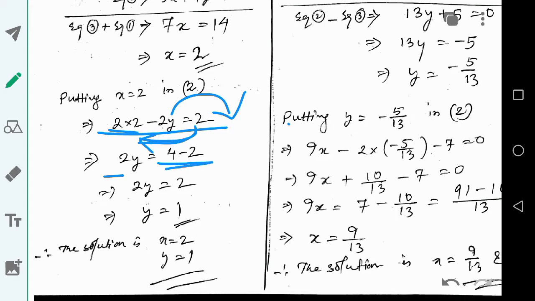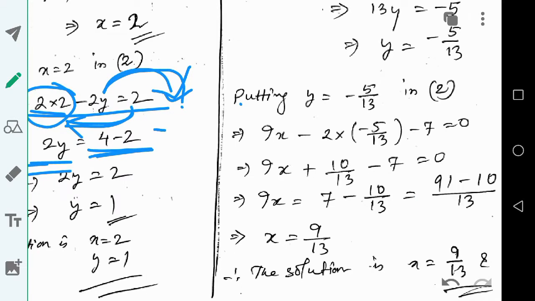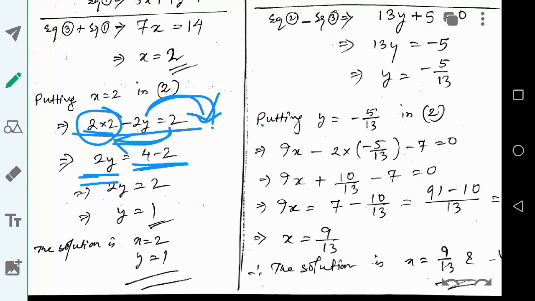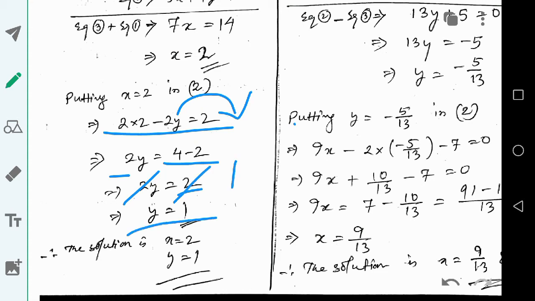We were supposed to get 4 minus 2 is equal to twice y, so instead of writing that, I have written twice y is equal to 4 minus 2, same thing. Here you see 4 minus 2 is equal to 2, and cancelling 2 by 2, we get y is equal to 1.